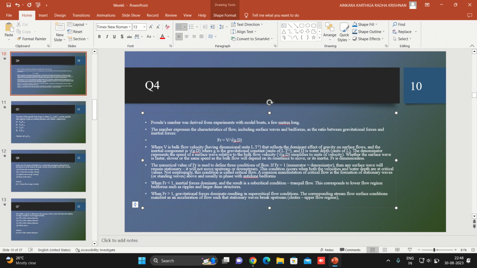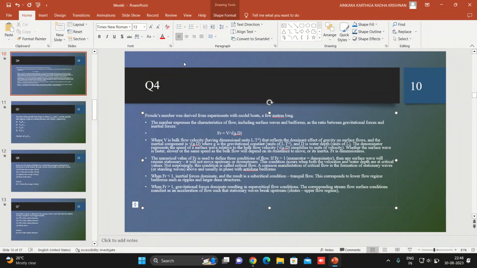Froude's number was derived from experiments with model fluidized beds. The number expresses the character including surface waves and bed forms as a ratio between gravitational force and the inertial force, where V is the bulk fluid velocity.